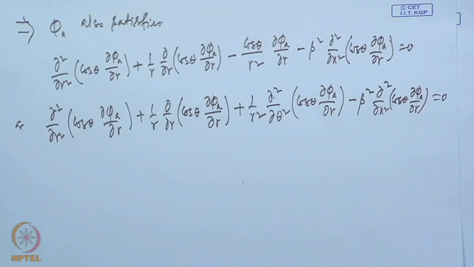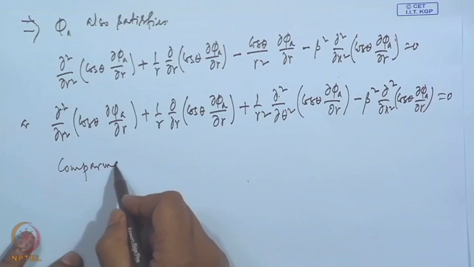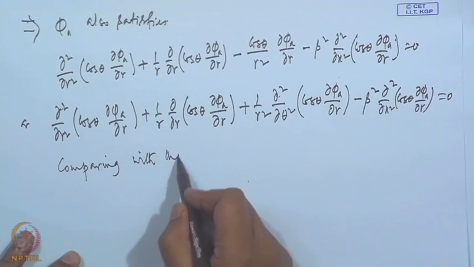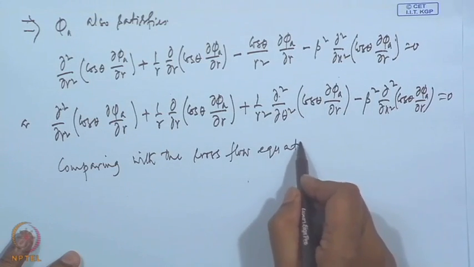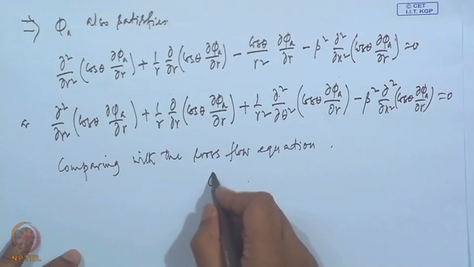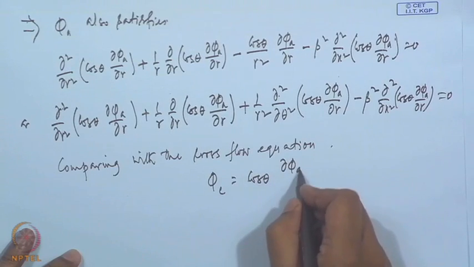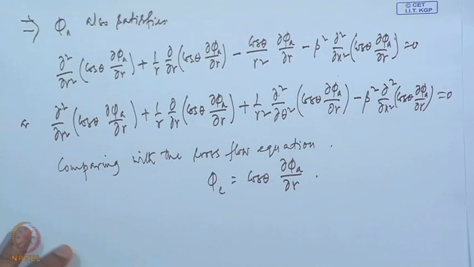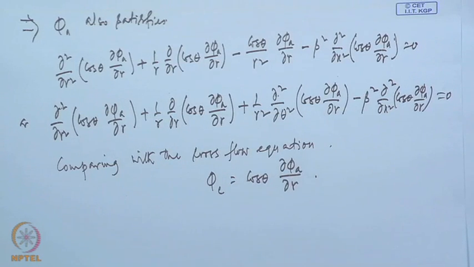So, comparing it with the cross flow equation, what we get is that phi c equal to cos theta d phi a dr. So, what we see is that if we have the axial flow solution phi a known, then this cos theta d phi a dr satisfies the cross flow equation, or the cross flow solution is cos theta d phi a dr.